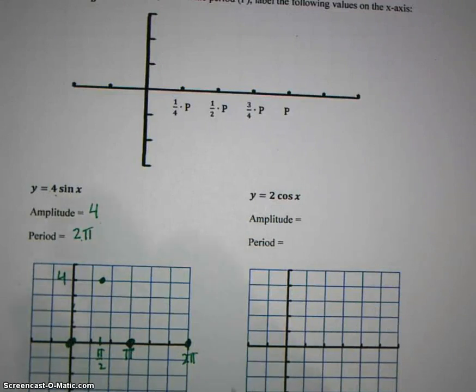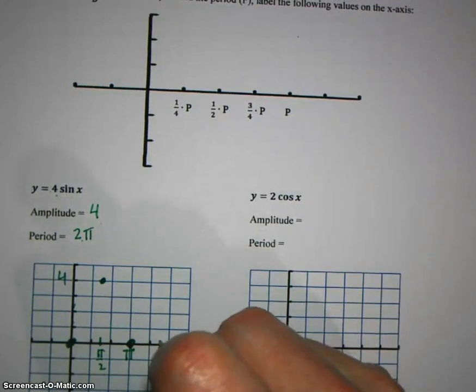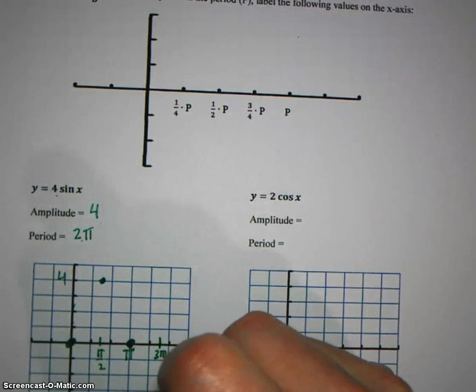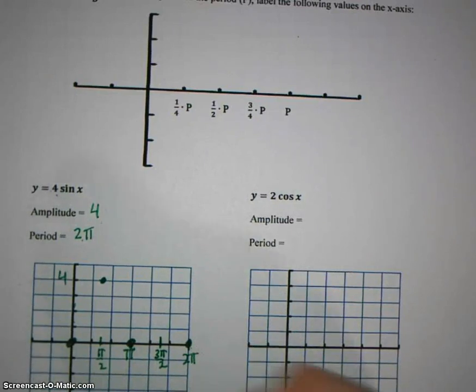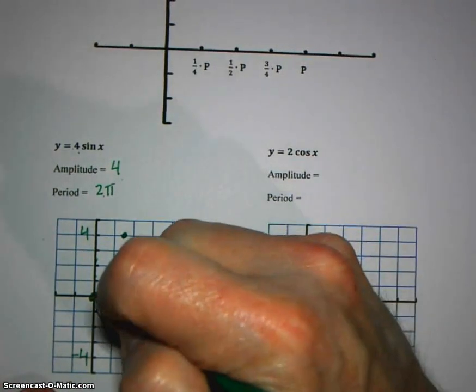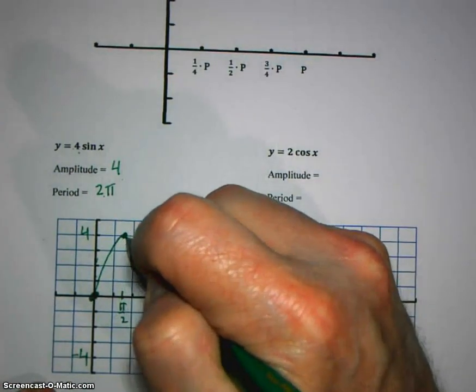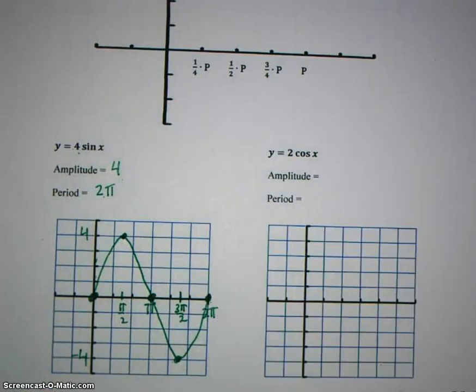And then finally, halfway between pi and 2 pi is 3 pi over 2, and this is where we're going to have our low point. The y value will be negative 4. And then we play a game of connect the dots with a nice smooth curve here. And that gives us our sine graph.